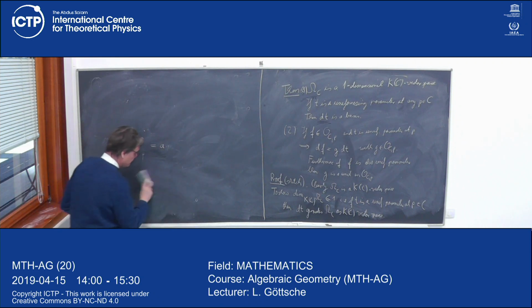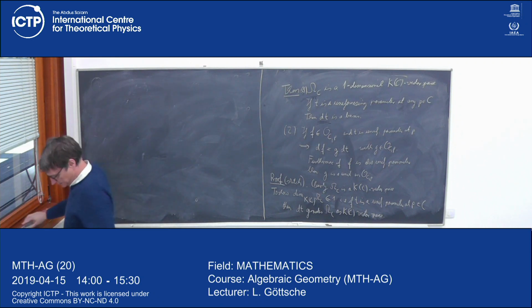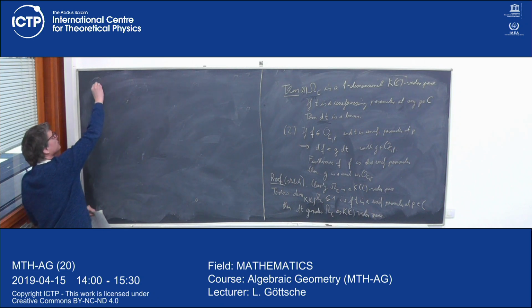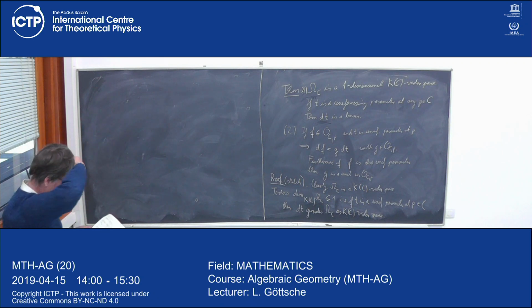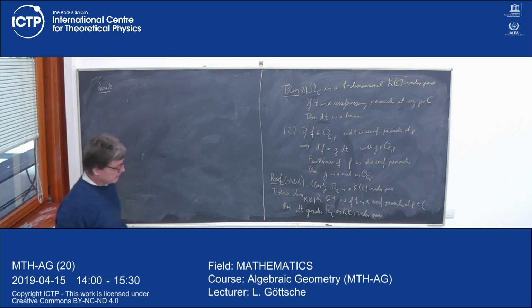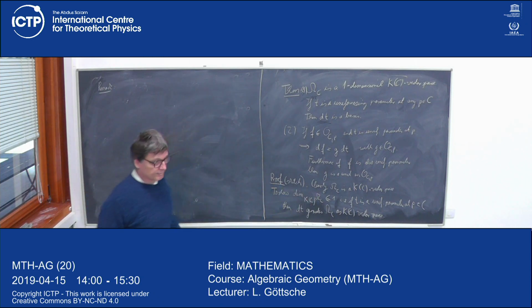So let's just look at it. Maybe at first, as a remark before. T is a uniformizing parameter.